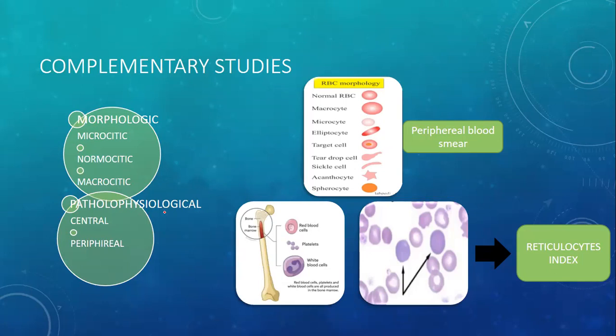And what about this one, the pathophysiological classification of anemia? Well, first of all, we're going to talk about the peripheral blood smear. Does anybody know what this is? Peripheral blood smear. We already talked about it yesterday, I guess.